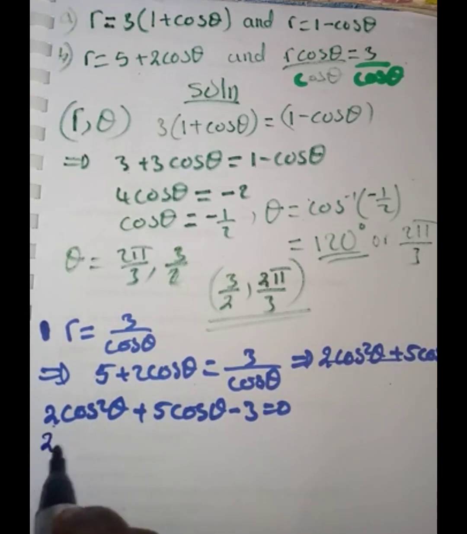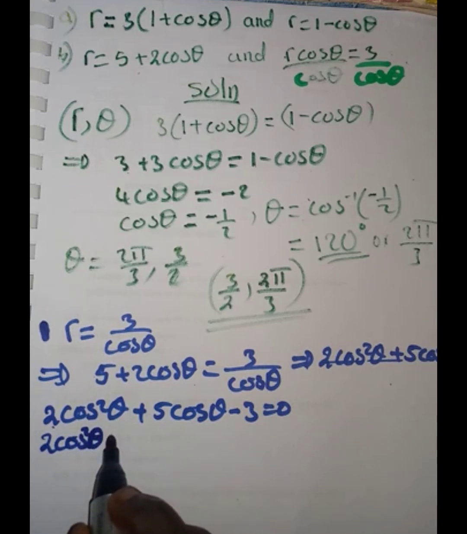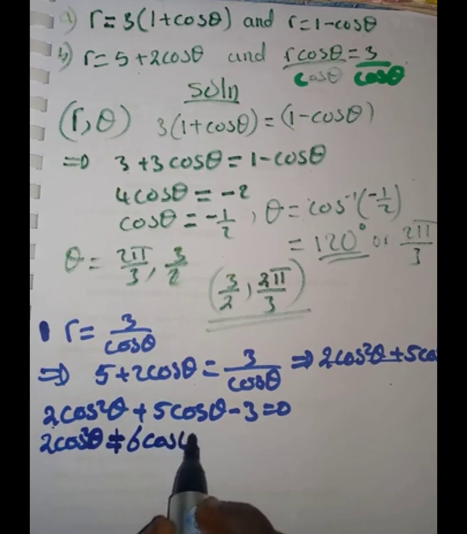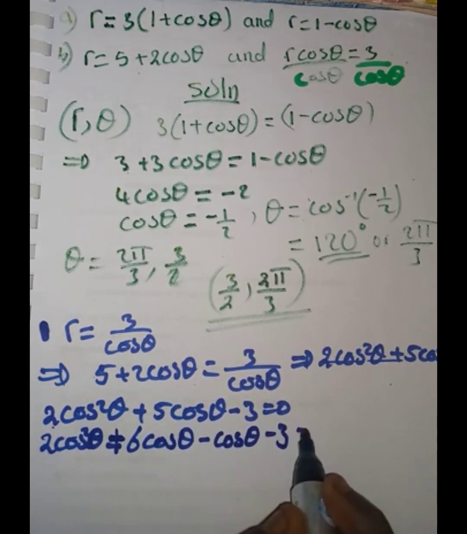So we have 2 cos squared of theta plus 6 cosine of theta minus cosine of theta minus 3, that has to give us 0.